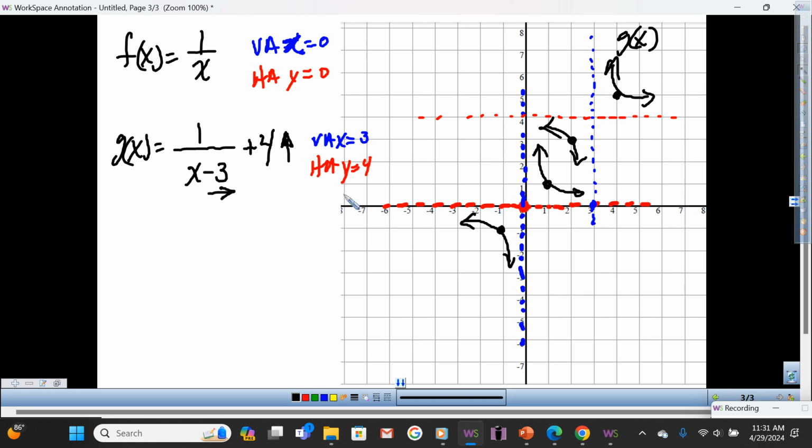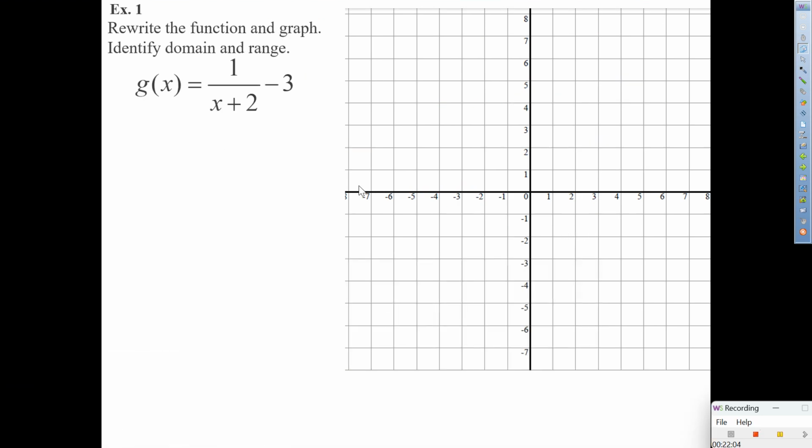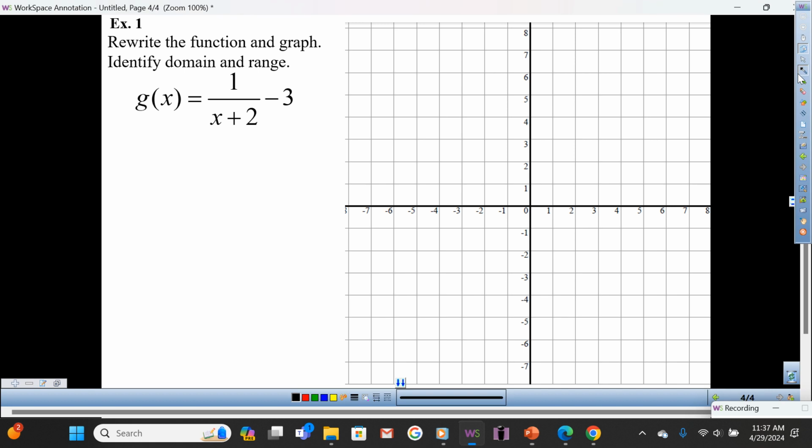So, this is exactly how the home plate is going to go. So do me a favor, let's go to the next coordinate plane. Next to it, copy this one, please. Example 1, g of x equals 1 over x plus 2 minus 3. So what do we do first?